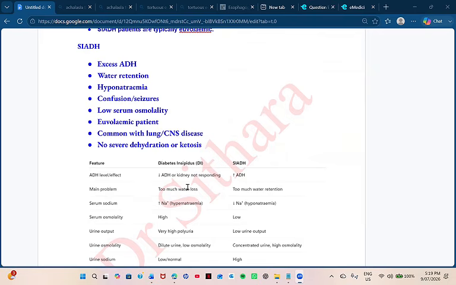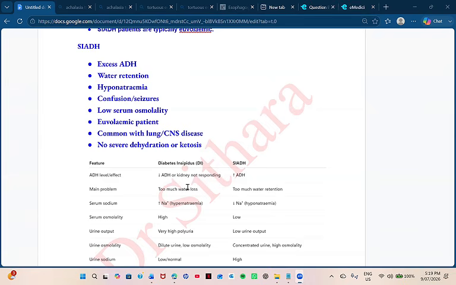SIADH is excessive, inappropriate ADH, the vasopressin, released despite normal plasma osmolarity, right? So there's too much ADH, and ADH's function is water retention. Water retention increases and dilutional hyponatremia can occur.